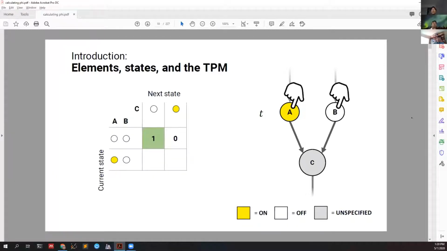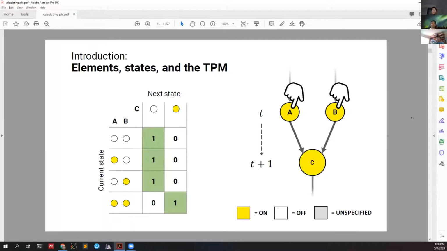Let's say in this case, input on from A and off from B, and then record the results and get the probability. And then again, repeat the same thing for this and get this, and then get this. Try this and get the result for this.